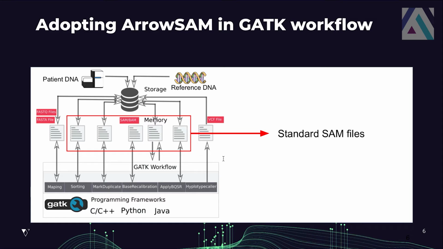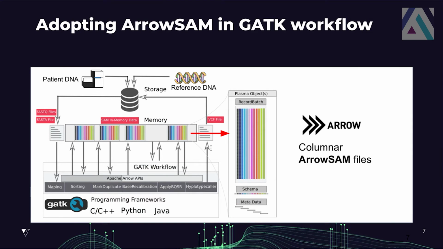A standard GATK workflow starts with patient DNA and a reference DNA to compare the patient DNA with and identify mutations or variants. And then this data is stored in disk and then accessed multiple times by various different stages of the GATK workflow. We start by replacing the SAM file with the ArrowSAM file in memory.